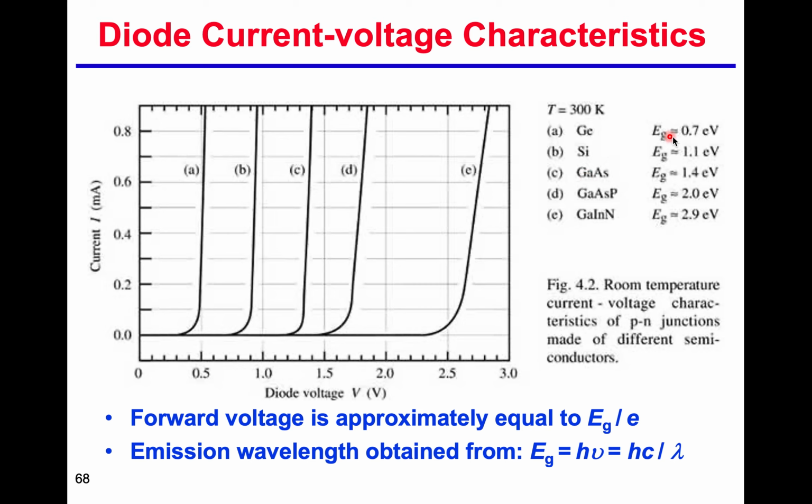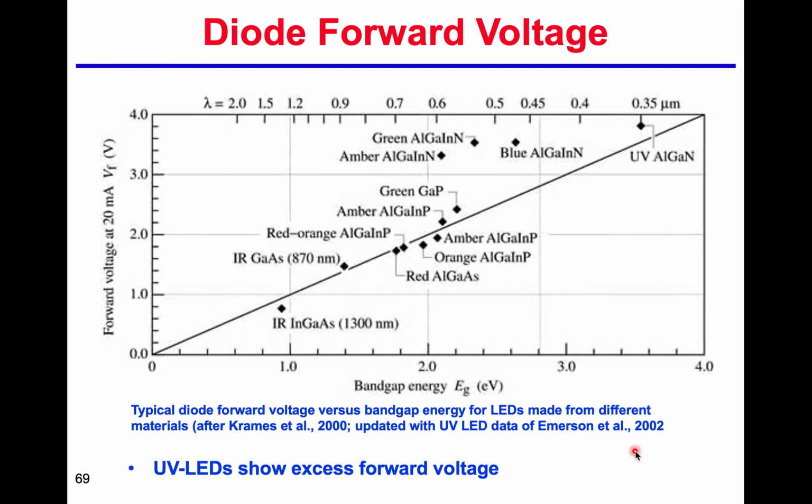If we increase the energy bandgap from germanium 0.7, silicon 1.1, gallium arsenide 1.4, gallium arsenide phosphide 2.0, to the nitride, gallium nitride 2.9, you can see the driving voltage increases. And actually, it's approximately the energy bandgap over e, and we will show you why.